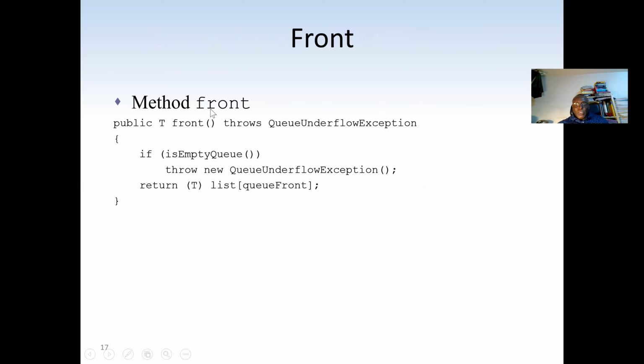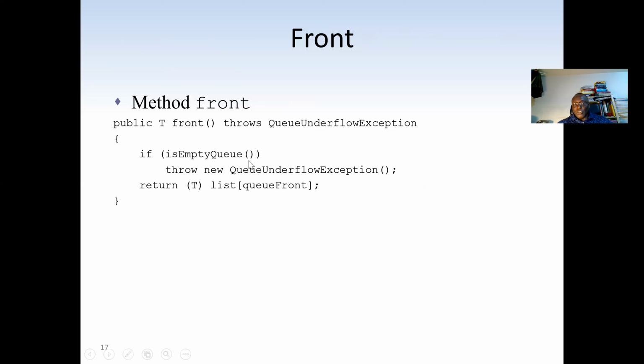Now, the method front, as we said earlier, is to check what element is in the front of the Q. So first of all, if there's nothing in the Q, then there's nothing in the front, nothing in the back. So we don't want to cause an underflow, same as trying to remove an item from an empty Q. So here first we call the function is empty to check.